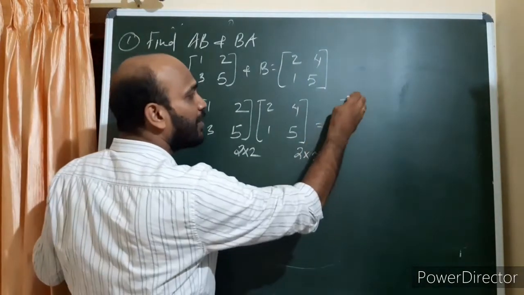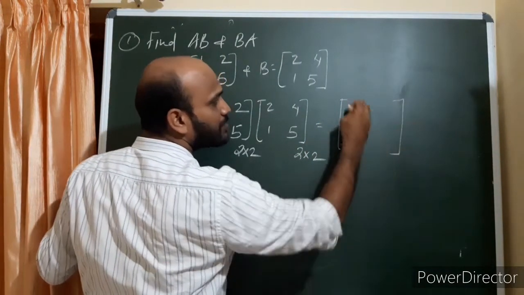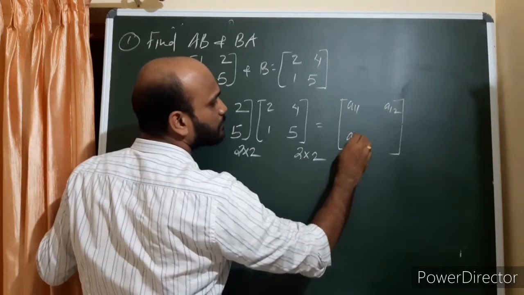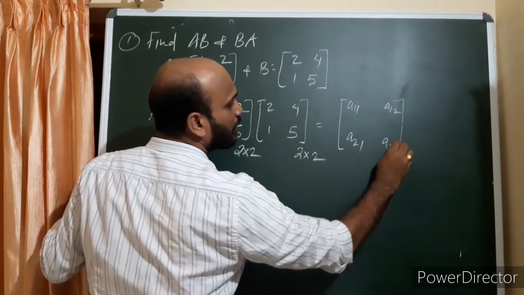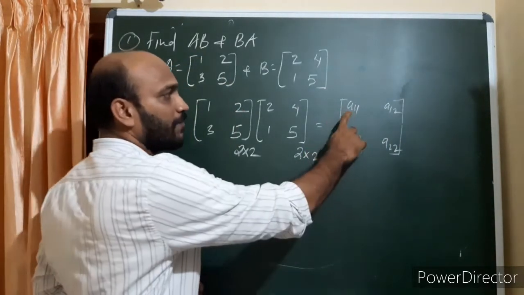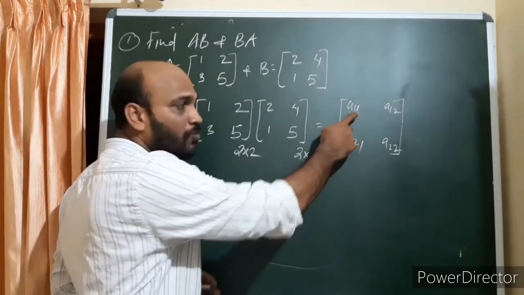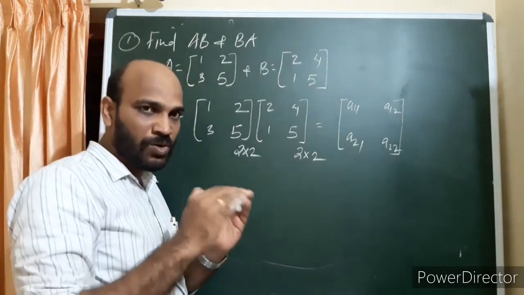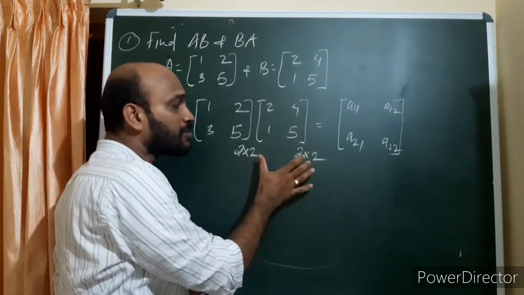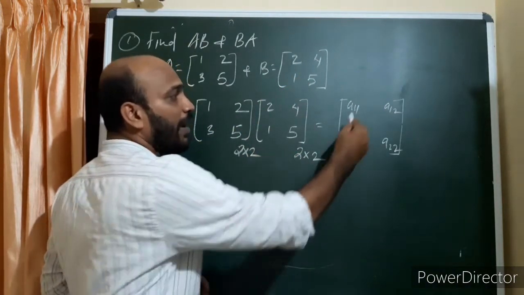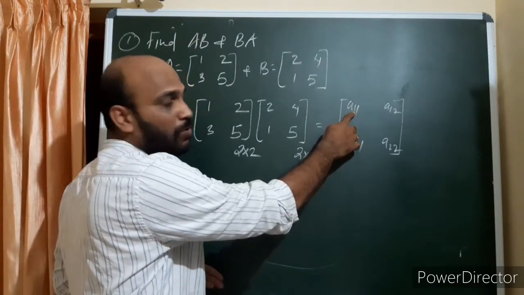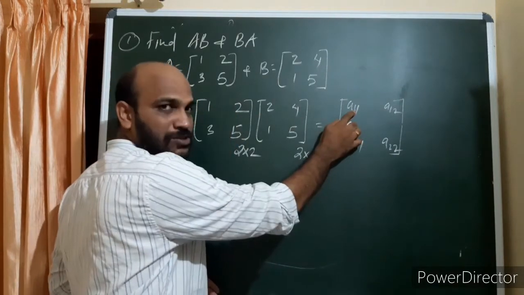So first we will write its general form. That is A11, A12, A21, A22. Okay. So the first element is A11. For multiplication we are using rows and columns. From the first matrix we have to take a row. From the second matrix we have to take a column. In A11, the first index represents which row we have to take, that means the first row.